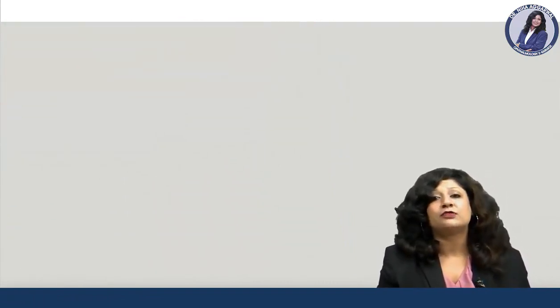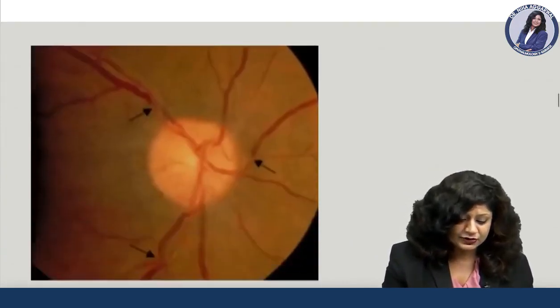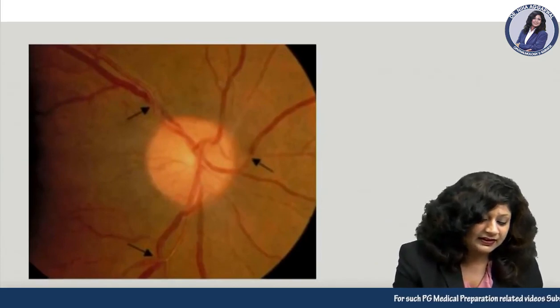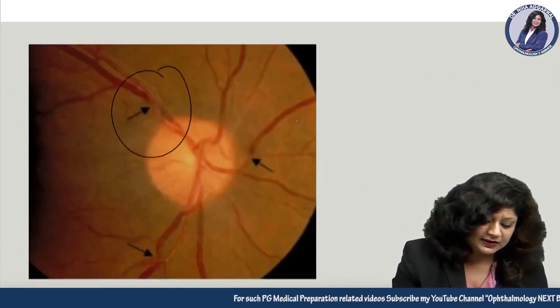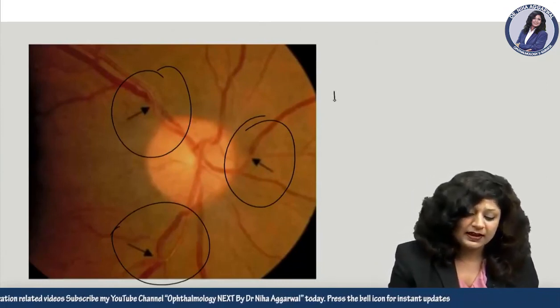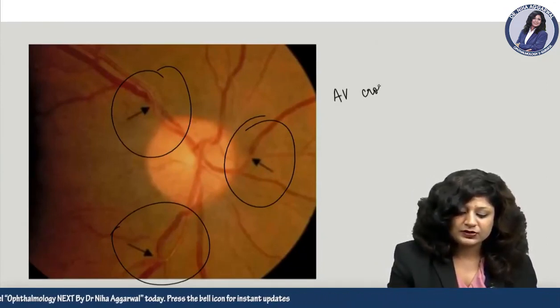Now, in order to see the real pathology that is found in the different stages of hypertension retinopathy, you have to recognize another important thing, and that is called the AV crossing. What do you mean by AV crossing?